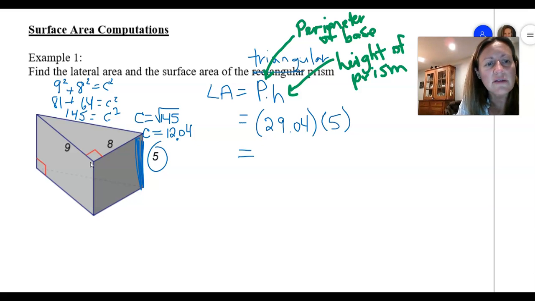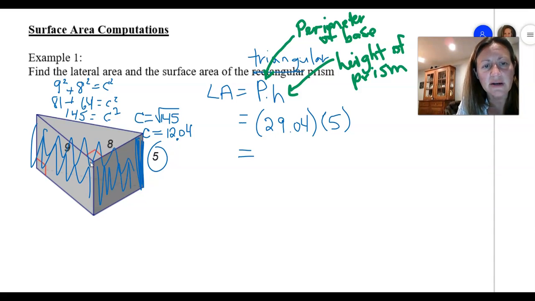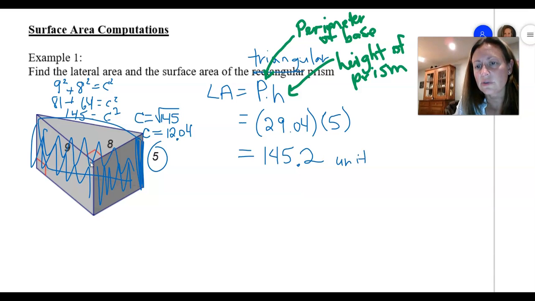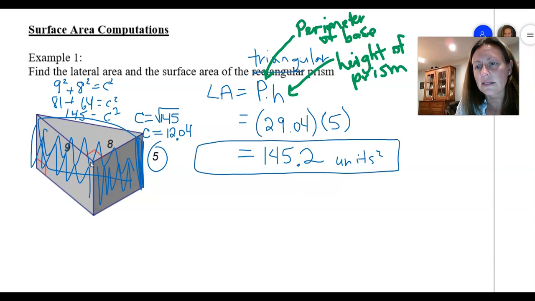So the area of the walls, this rectangle plus that one back there, the lateral area, is going to be 29.04 times 5, which is approximately 145.2. And that would be in whatever units squared, because this is area. So that is lateral area only.